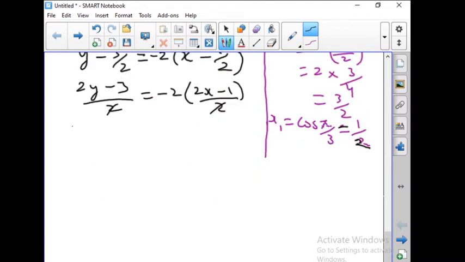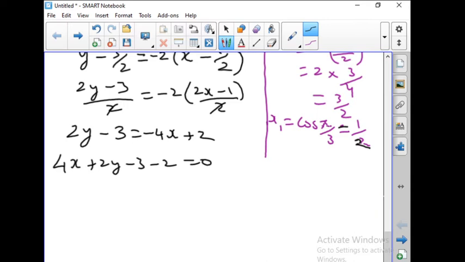So we get 2y minus 3 is equal to minus 4x plus 2. Bring everything to one side. 4x plus 2y minus 3 minus 2 is equal to 0. So 4x plus 2y minus 5 is equal to 0 is the tangent.